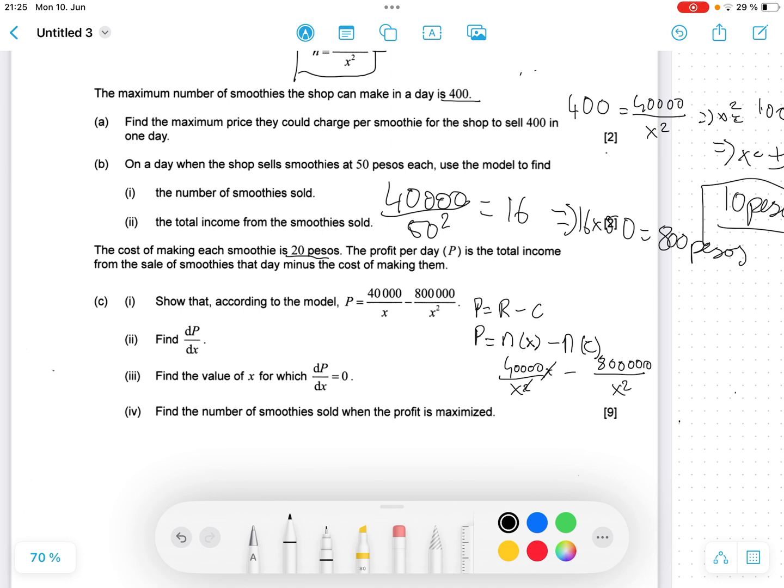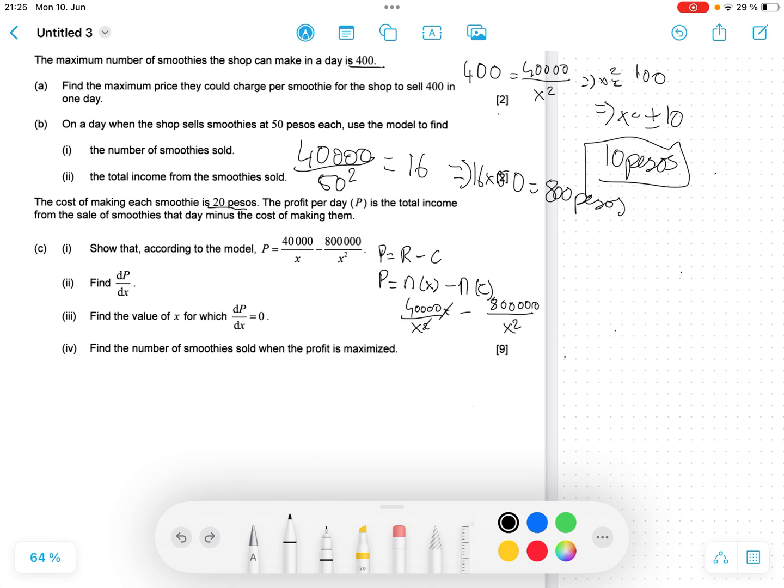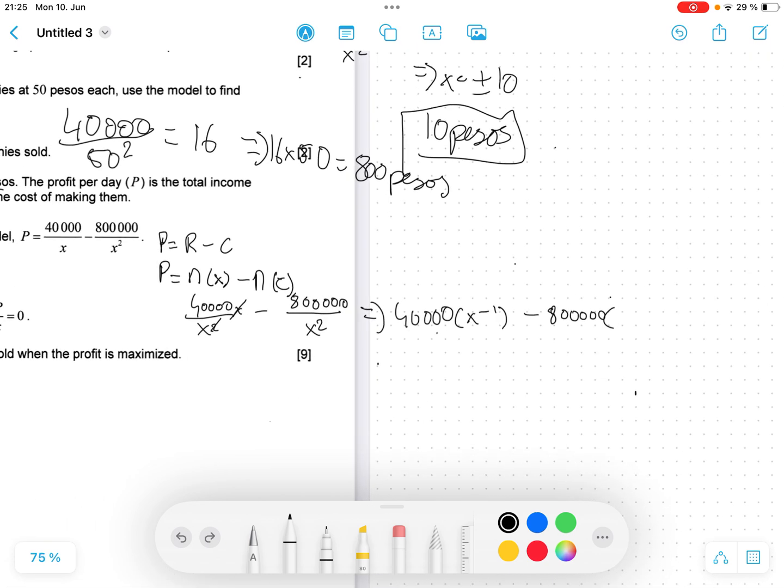So now it says find dP over dx. Now to do this, we're going to have to rewrite this and apply the power rule. So this is simply 40,000 times x to the negative 1 minus 800,000 times x to the negative 2.